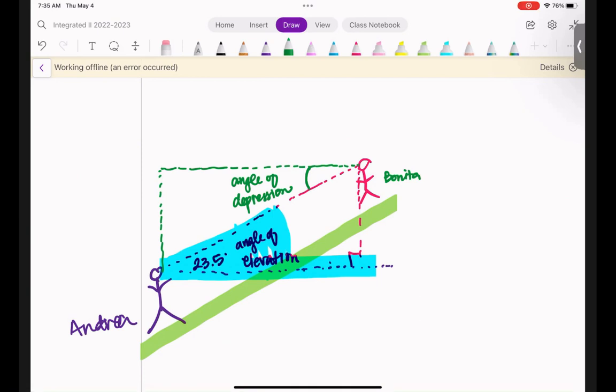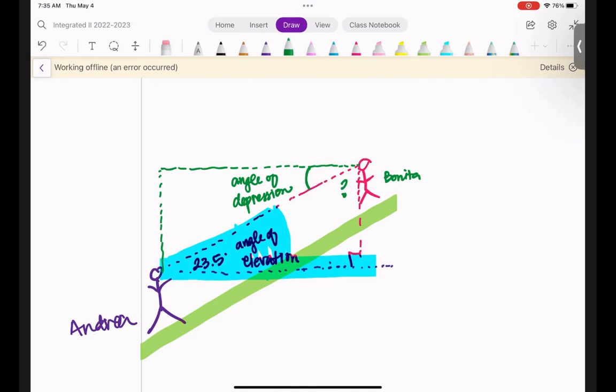Okay. So who is right? So Bonita says her angle of depression is 66.5 degrees, while Andrea says that Bonita's angle of depression is 23.5. So let's do some calculation here. So if this is a right triangle, what angle is this right here?